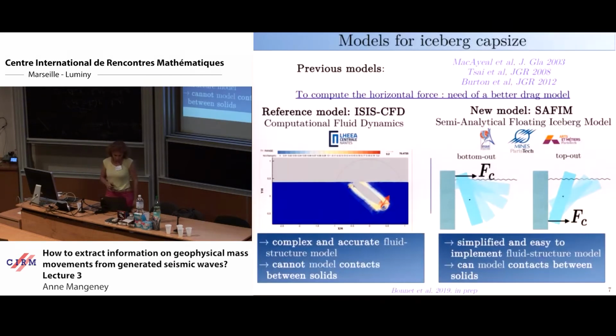And to do that, we compared our simple model, because you saw it is a solid model, and the water is very simply described, with a model that is maybe closer to reality, even though I know from my colleagues in mathematics that they say that this is not solved.